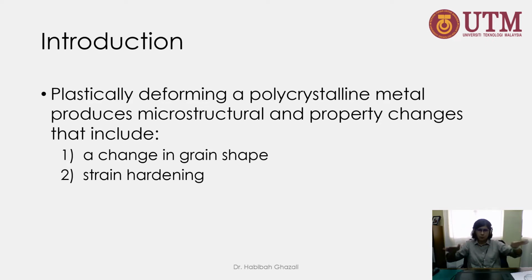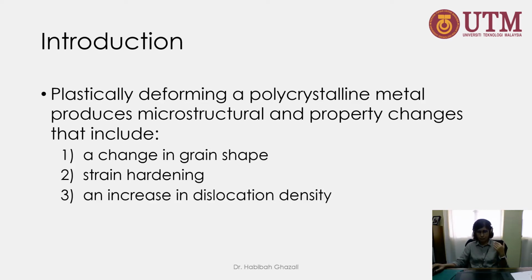You make this foil stronger and stronger by the introduction of more and more line defects, or dislocations. These dislocations will start to entangle with each other, and your material is going to be stronger due to this entanglement of dislocations. But at the same time, the ductility of the metal will reduce.